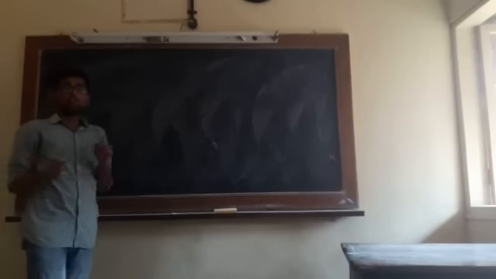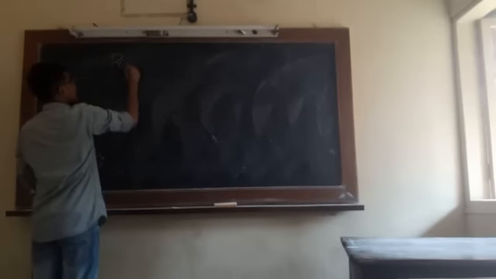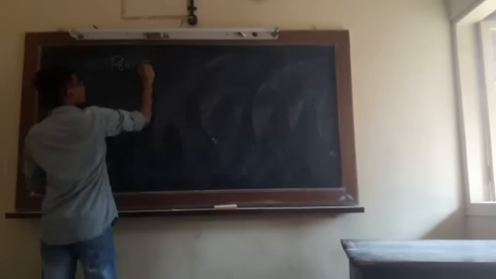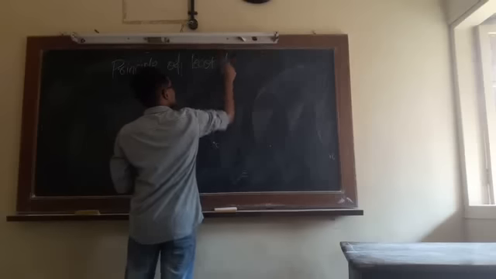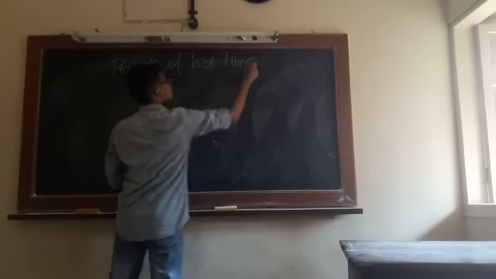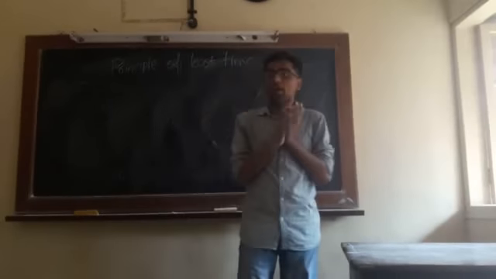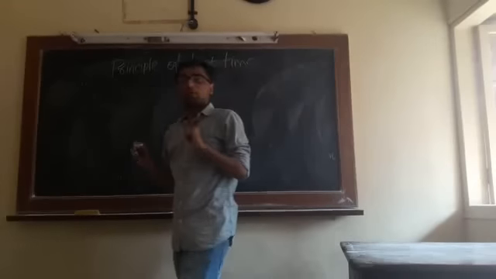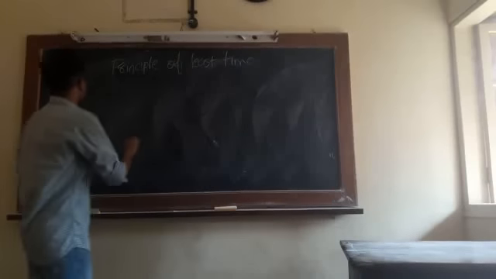It is known as the principle of least time, or Fermat's principle. According to this principle, light will travel from start to end, or from one point to another point, in a path which takes the least amount of time.